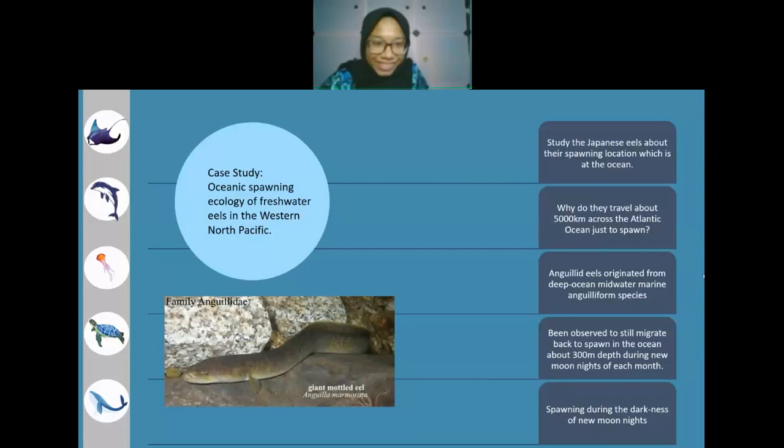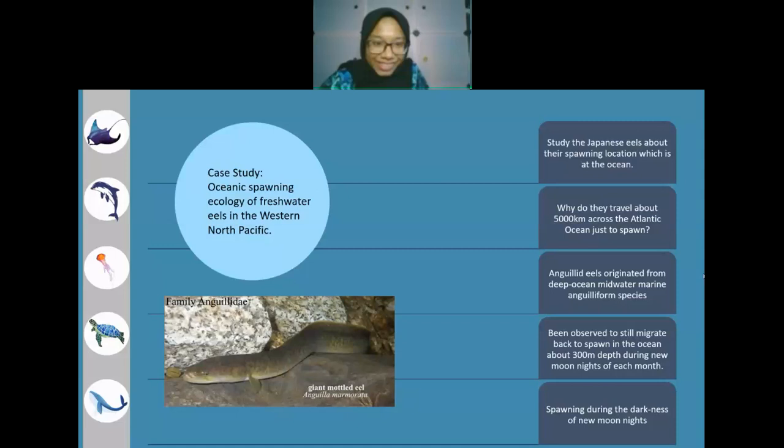So anguillid eels left the tropical ocean to colonize the temperate areas and spend their time there during their juvenile growth period. And also, despite their change in places that they used to live, the anguillid eels are also observed to still migrate back to the ocean about 300-meter depth during the new moon's night of each month.